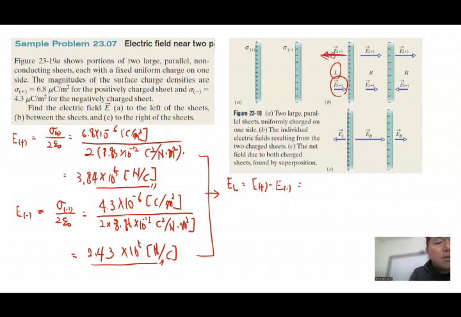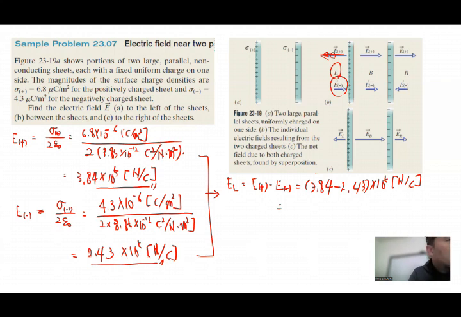So that is 3.84 minus 2.43 times 10 to the 5 Newton per coulomb.